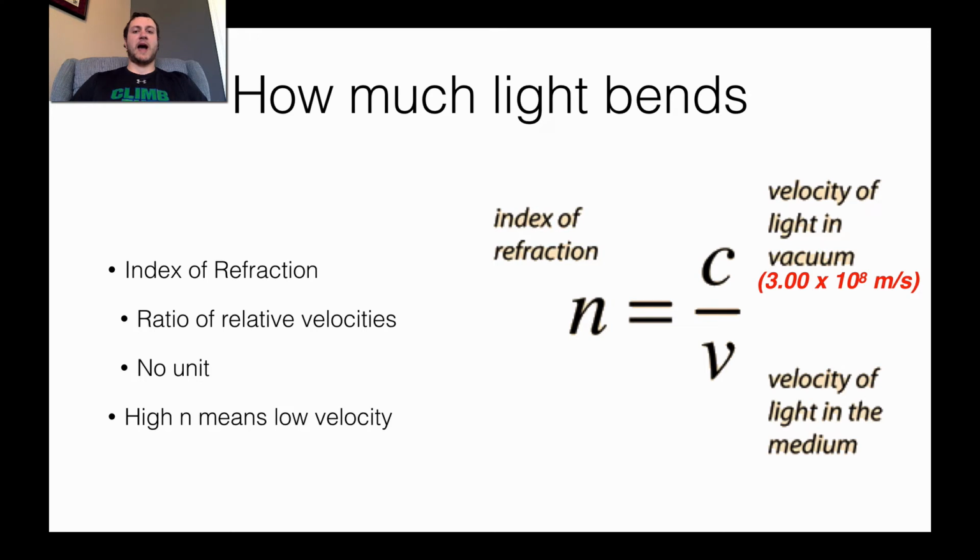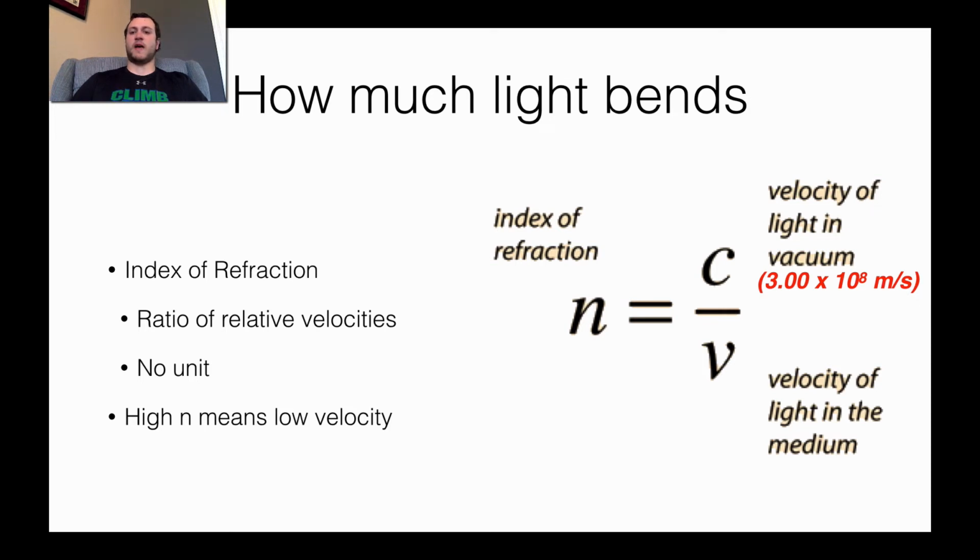If you have a high index of refraction, so if that n value is high, think about the math that needs to happen here. That velocity has to be very low. The smaller n gets, the faster light is moving within that medium relative to the speed of light. The lowest that the index of refraction can be is 1, because that would be light in a vacuum continuing to move in a vacuum.